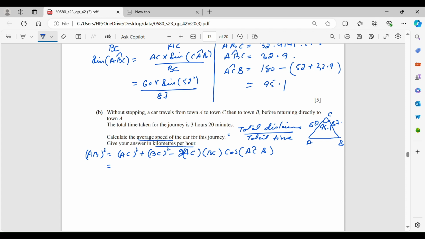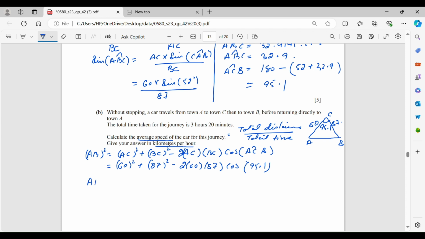This will be 60 square plus 87 square minus 2 times 60 times 87 times cos of ACB, which is 95.1. We will use the calculator here.